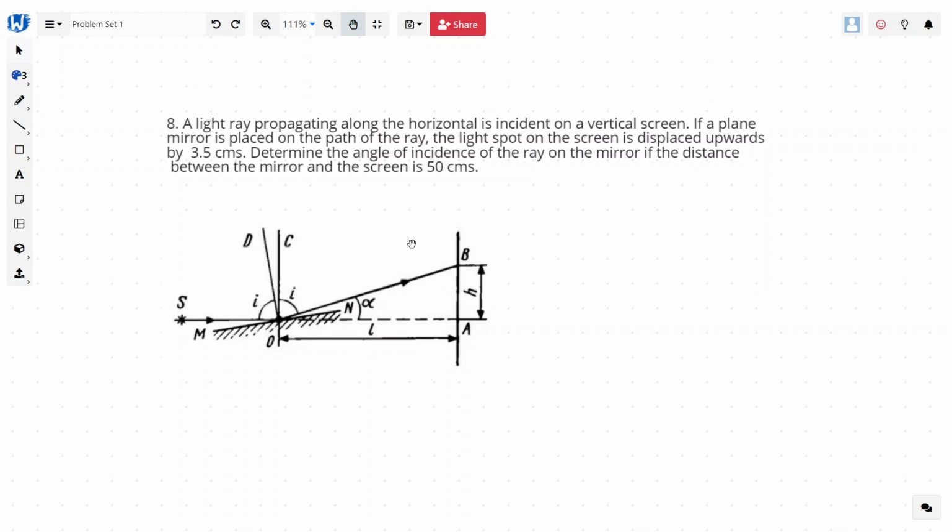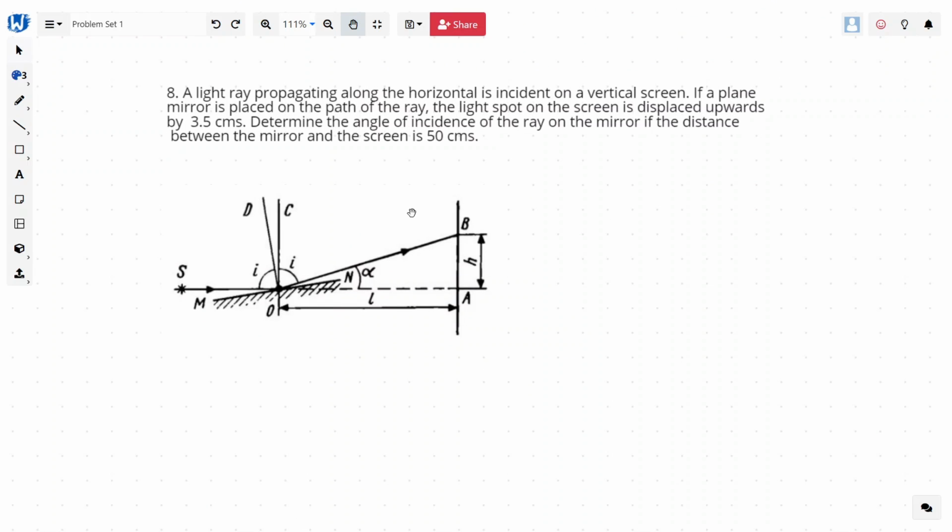Now this is our last problem here for this session. So in here a light ray propagating along a horizontal is incident on a vertical screen. Okay, so let's try and understand that first.